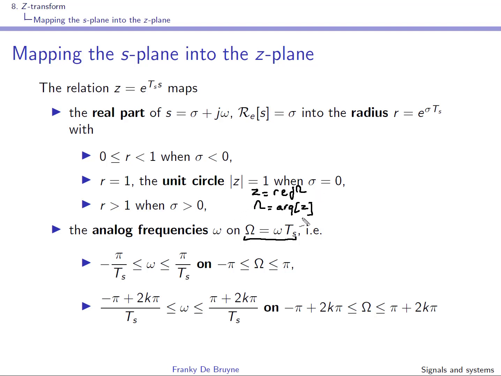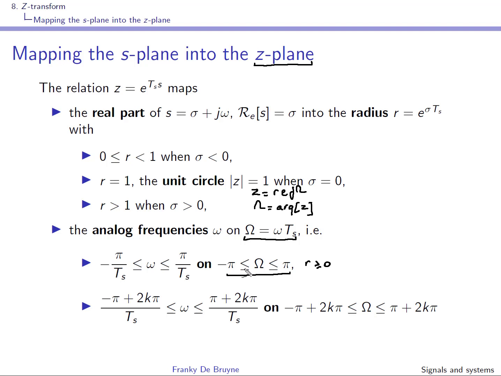So what we want to do here is consider the entire z-plane. We can do this by considering a discrete frequency, or the argument of z, in between minus pi and pi, and taking the radius positive or 0. So in this way we have selected the whole z-plane.